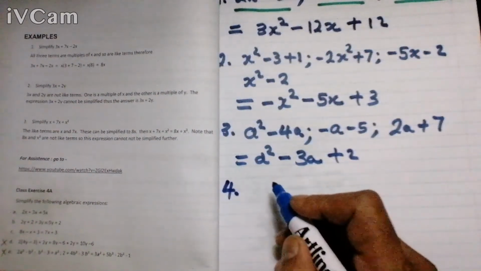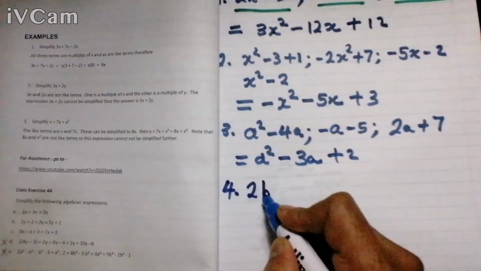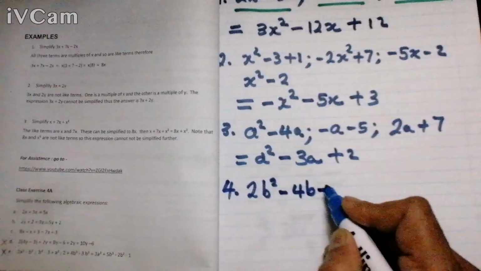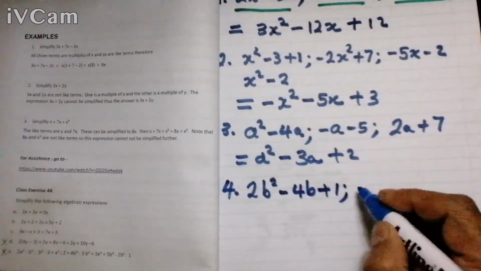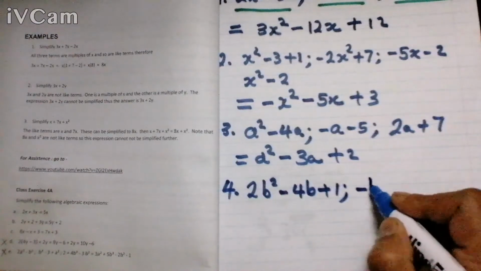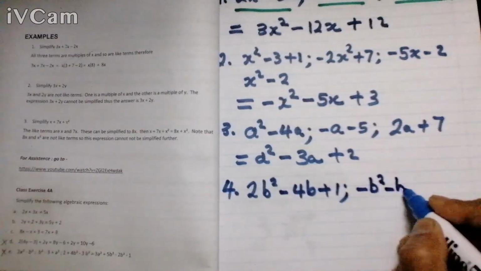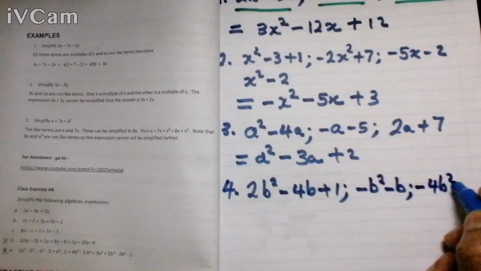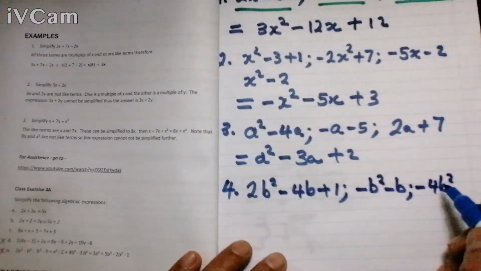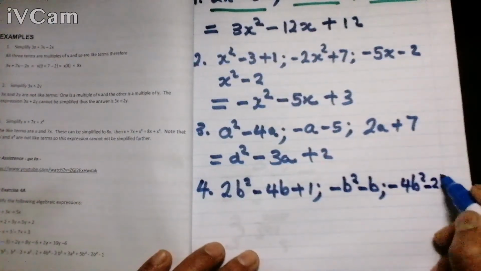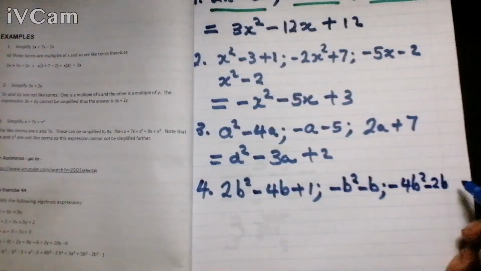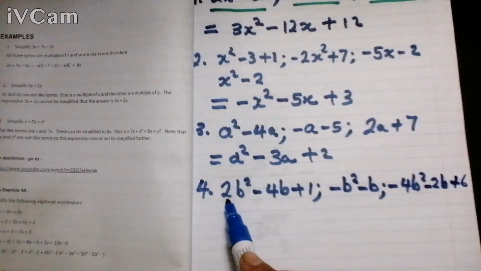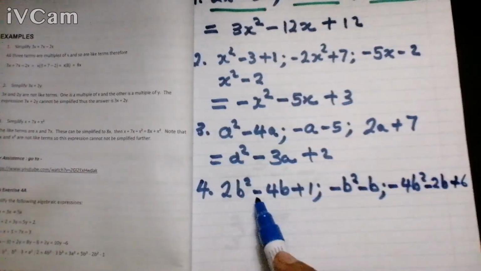Number 4, 2b squared. Okay, so this has 3 terms, so it's called a trinomial.